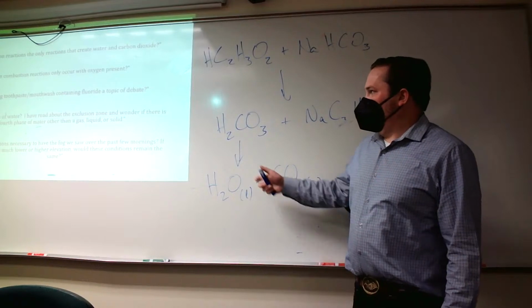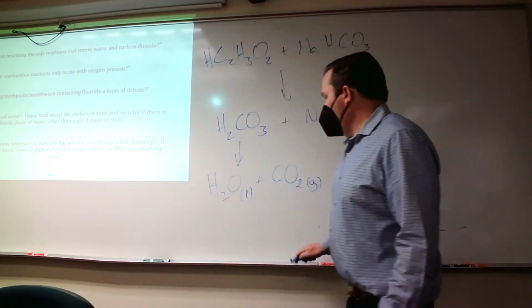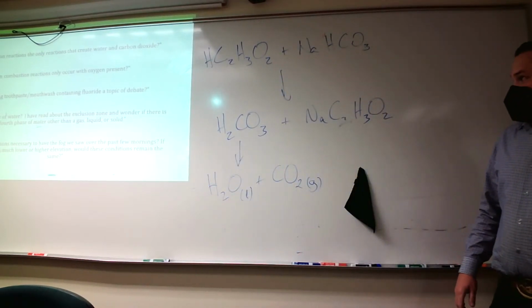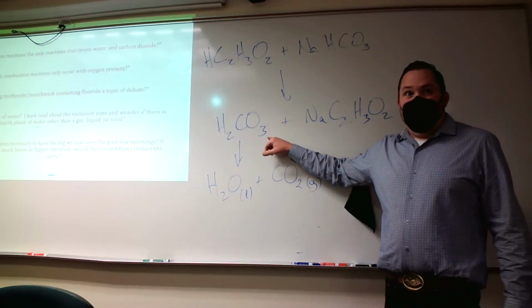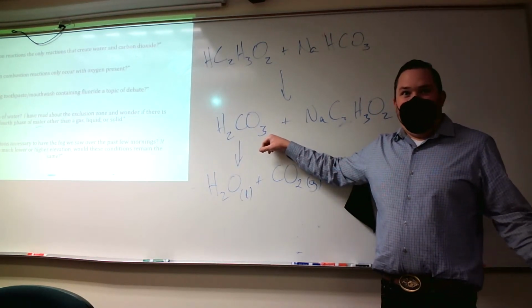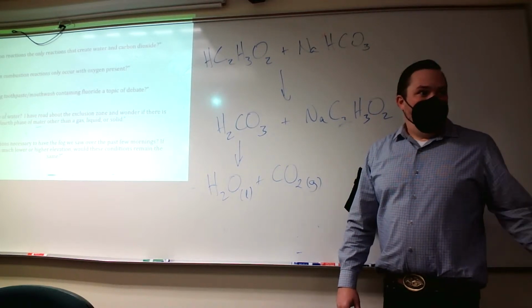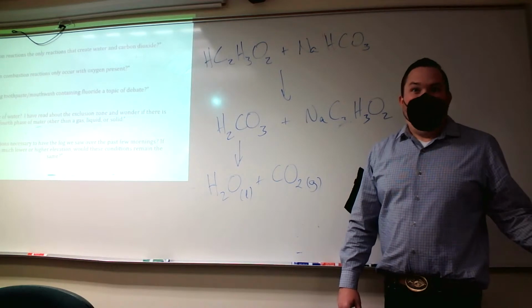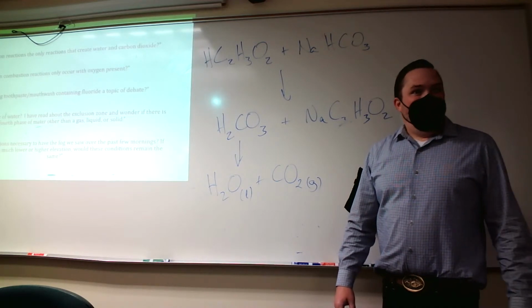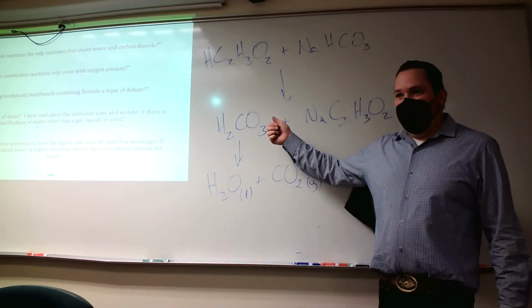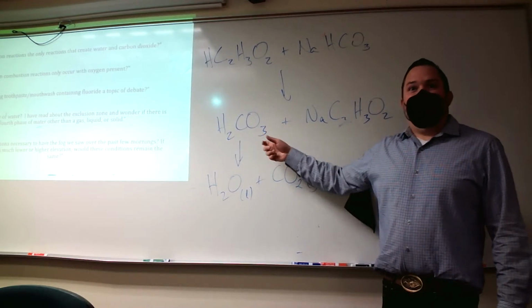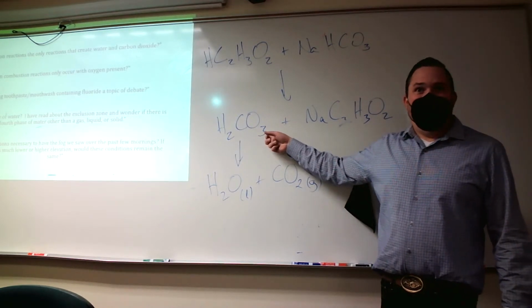So this is relevant to what we're going to talk about down here. The carbonic acid is one of the reasons why carbonated beverages taste more tart, why they have a little bit of a bite to them. Even if it's just water, it is more acidic. It has a lower pH because the act of carbonating makes it more acidic, because you're making this.